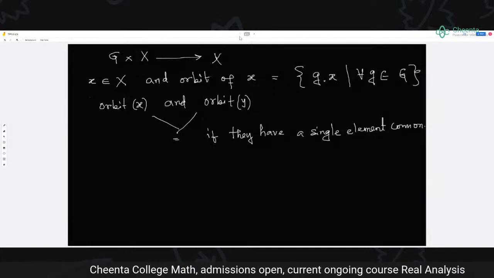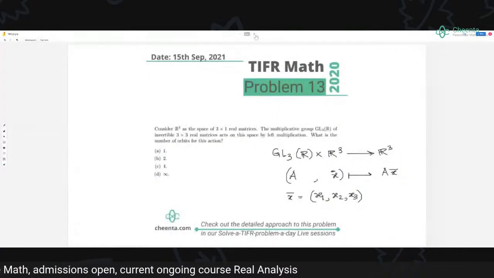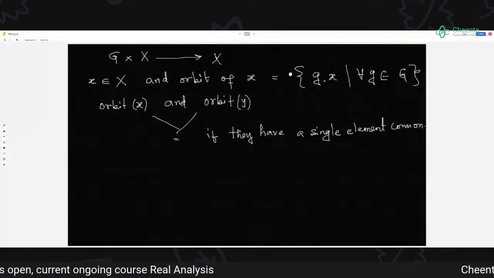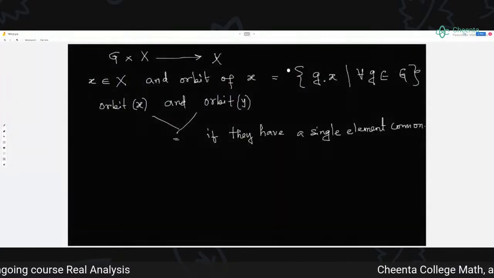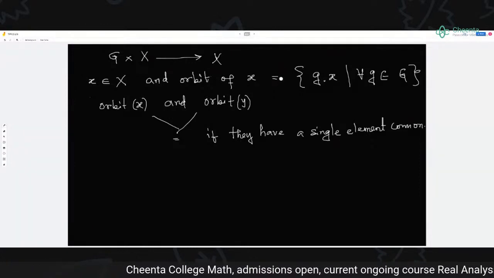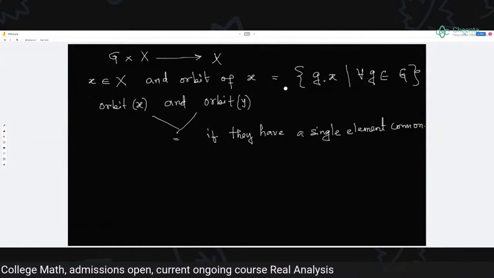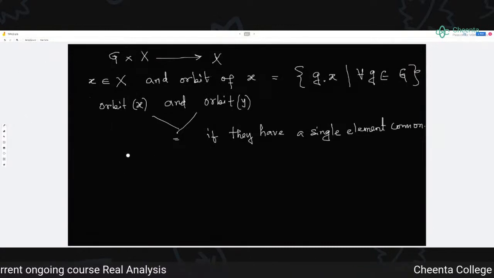So whenever they ask about the number of orbits for this action, they are actually asking about the number of distinct orbits. If you solve this exercise, you will know that the orbits of x and y are considered separate only when they are disjoint. Now let's take a dig at the problem.